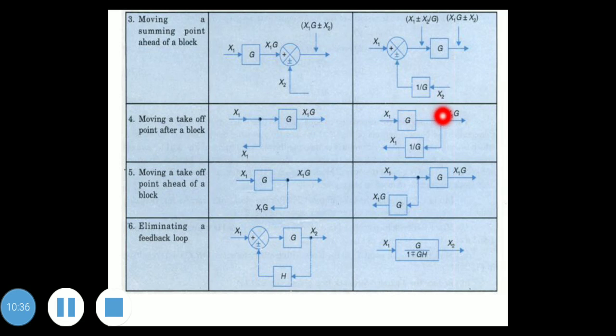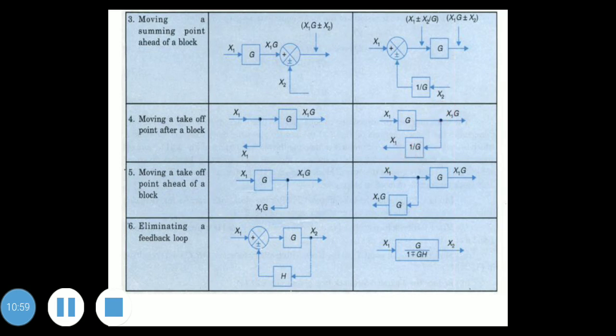When we move the takeoff point here, we have to add a block, and the block will have the transfer function equal to the reciprocal of the block across which it has been shifted. So this will become 1 by G in series with the takeoff point with X1.